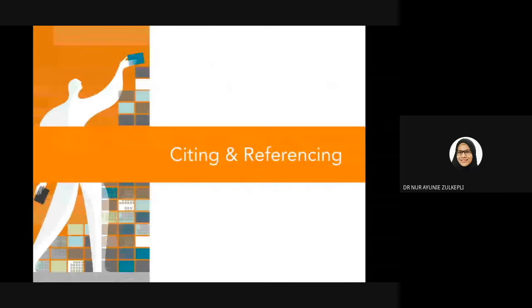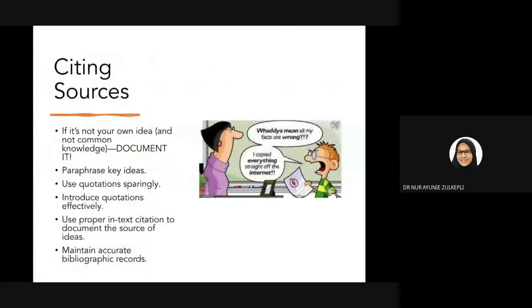Okay, for citing and referencing, you already practiced it during previous lectures with other lecturers, right? And in a systematic review, you have to be particular and careful about citing and referencing.